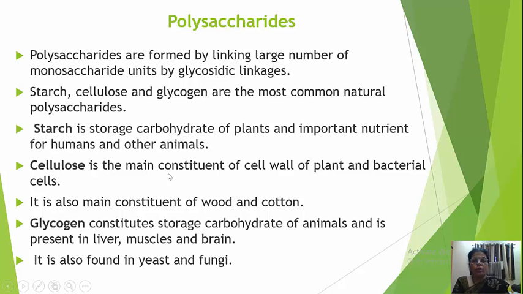Cellulose is the main constituent of cell wall of plants and bacterial cells. It is also main constituent of wood and cotton. Glycogen constitutes storage carbohydrate of animals and is present in liver, muscle and brain. It is also found in yeast and fungi.